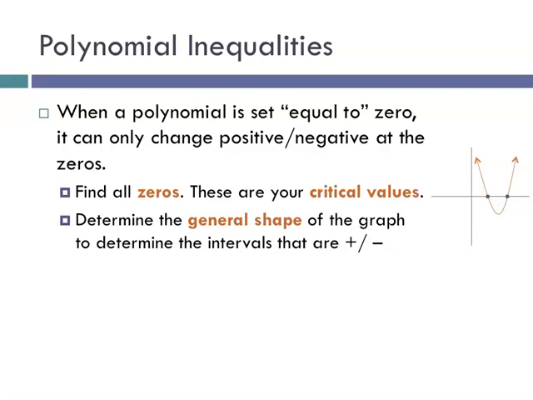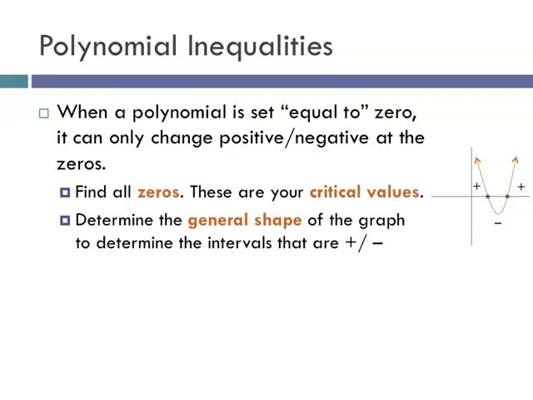So here, for example, we have this parabola on the right. What you'll end up determining is that here and here, up at the top, those values are positive. All the values above the x-axis are where it's going to be positive.